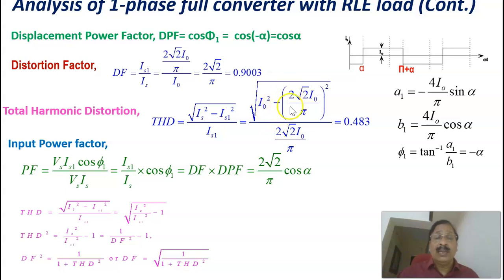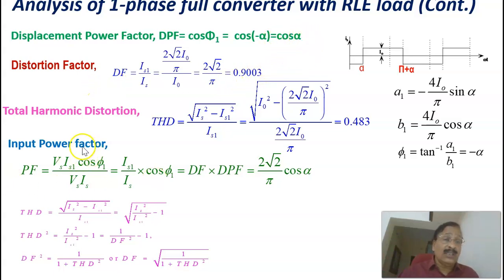So it is the square root of I naught squared minus (2 root 2 I naught divided by pi) whole squared, divided by the RMS value of the fundamental, 2 root 2 I naught divided by pi. This gives 0.483. So the total harmonic distortion equals 0.483, or in terms of percentage, 48.3 percent. THD equals 48.3 percent, and the distortion factor is equal to 0.9003, along with cos alpha.